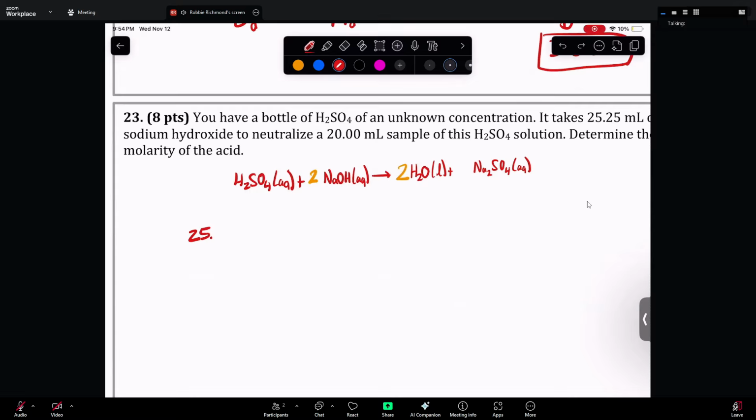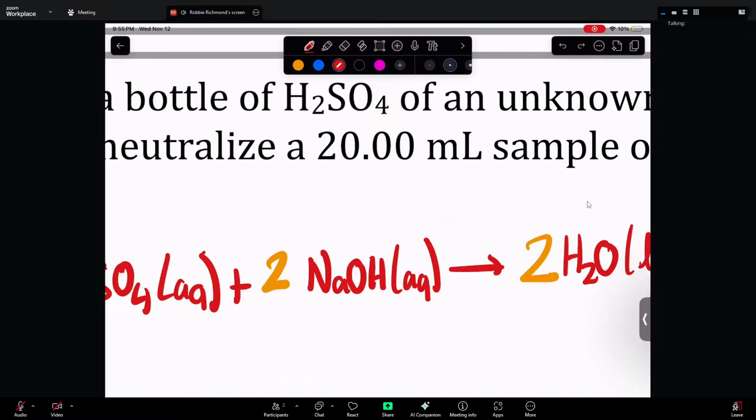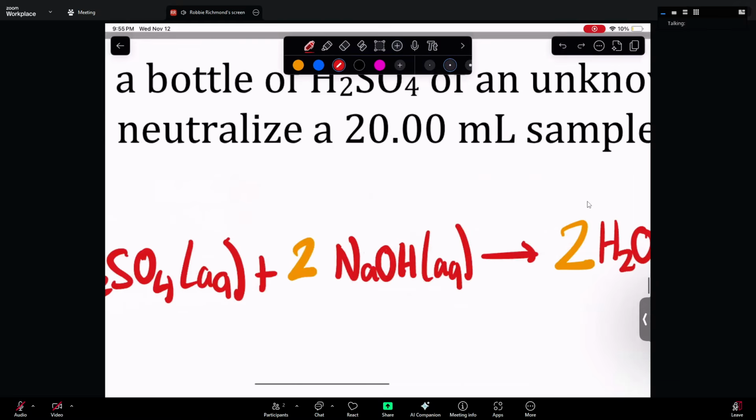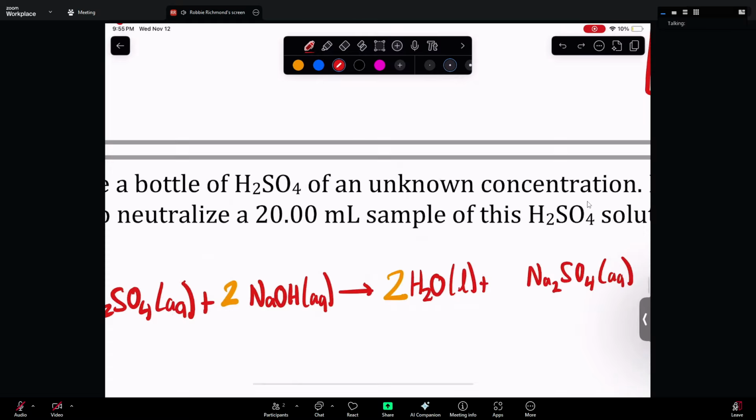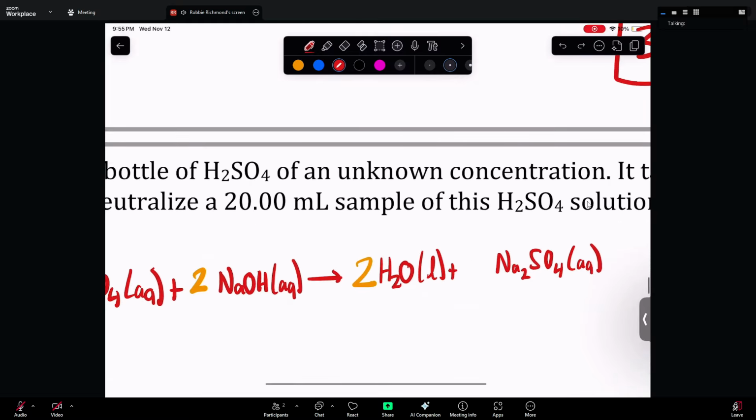Use the stoichiometric ratio to figure out how many moles of hydrosulfuric acid reacted with our base. And then from there, we know that we have 20 milliliters of that hydrosulfuric acid. So whatever moles we get from finding out how much of our base reacts to that, divided by our liters, that should give us what? Molarity.